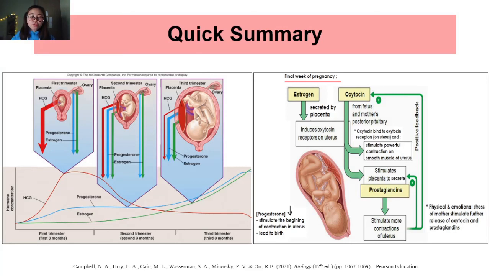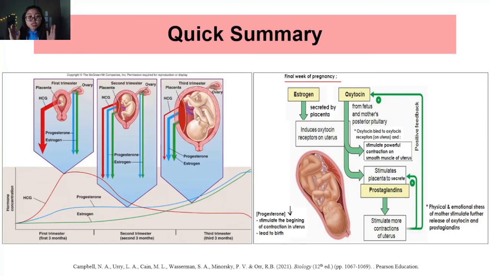During pregnancy, we focus on HCG, progesterone, and estrogen levels, keeping in mind the roles of the trophoblast, corpus luteum, and the placenta during this pregnancy. When we talk about roles of hormones during parturition, we talk more about estrogen, progesterone, oxytocin, and prostaglandins.